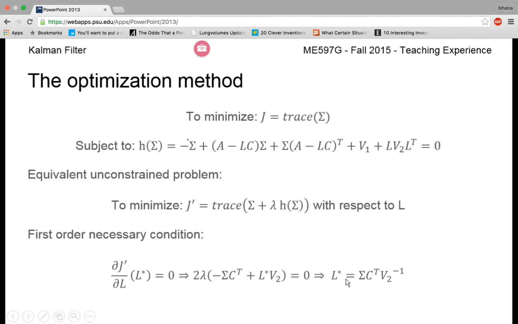And from there, we calculate the value of L star, which is our Kalman filter gain. It turns out to depend on the covariance matrix, the output equation and how it's modeled, the value C, and V2, which is the error in the output equation.